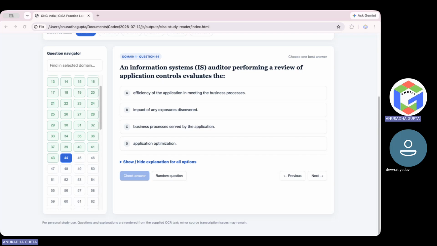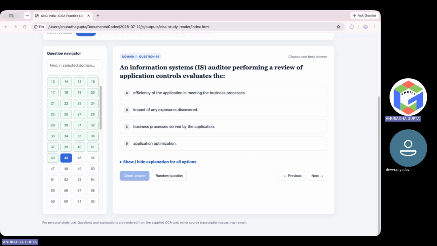Okay. B option is saying impact of any exposure discovered. So if suppose there is any vulnerability identified, we need to identify the threat related with that, and we need to basically perform threat analysis on that so that we can understand the attack surface, right?